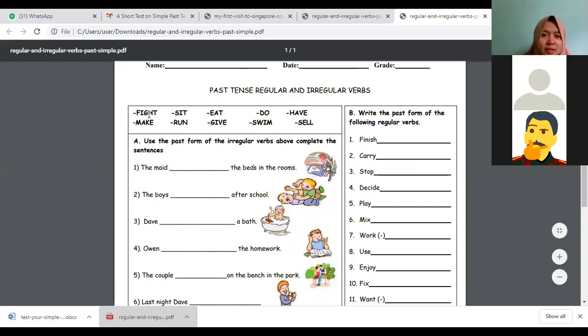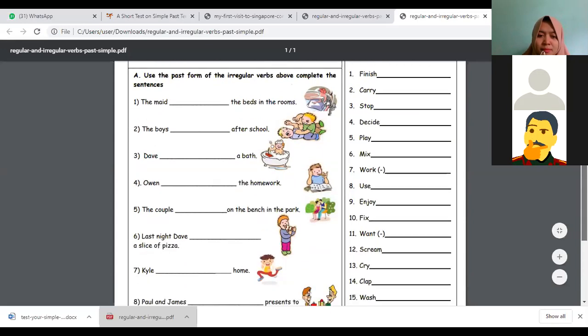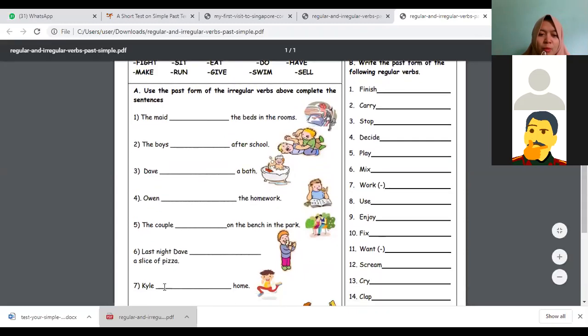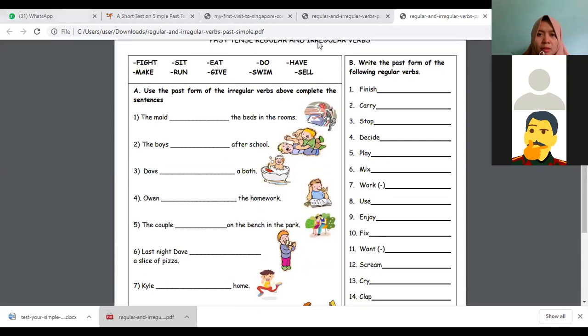Tadi sudah ini ya. Yang belum tinggal run, give, swim, and sell. That means Kyle ran. Ya, Kyle ran home ya. Ran, okay.